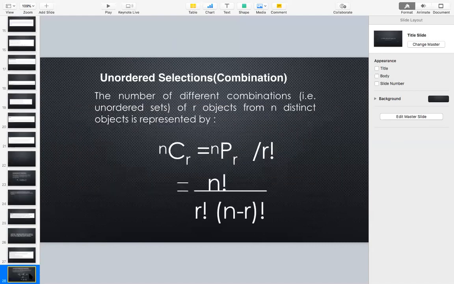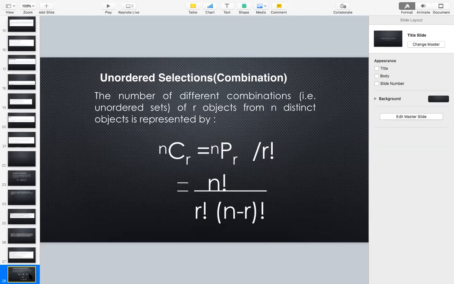What are combinations? During permutations, I told you that wherever you are arranging things and you see that order is important, you go for permutations. And when you are selecting things, and order is not important, then you will simply go for combinations.